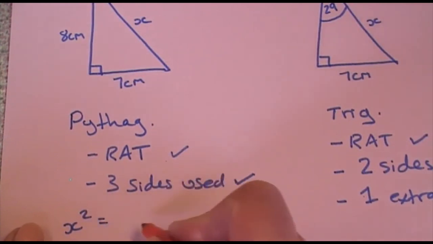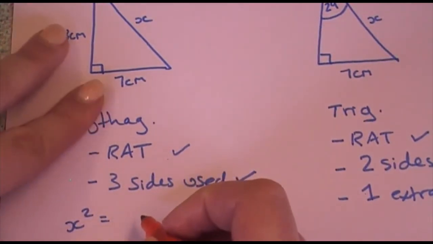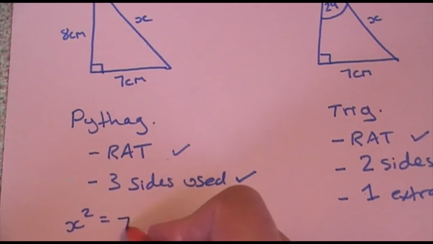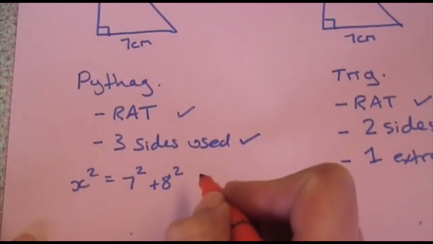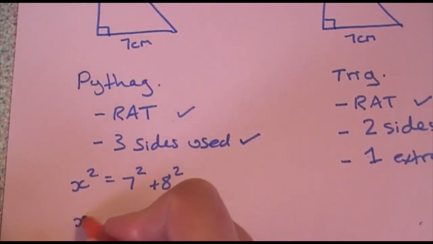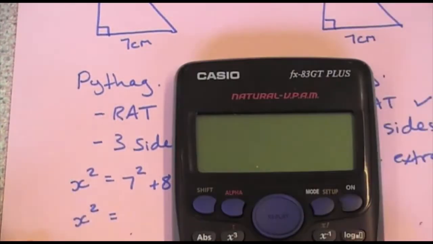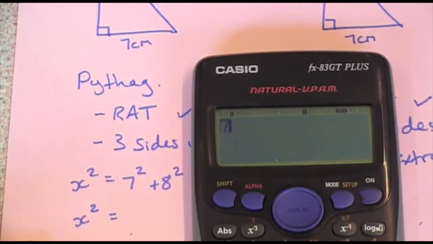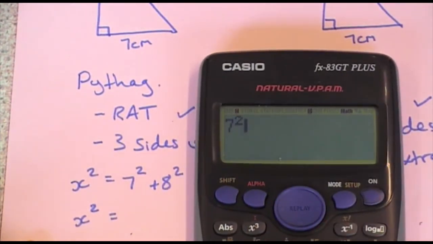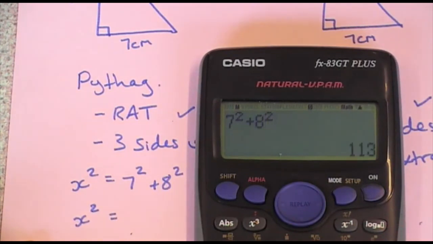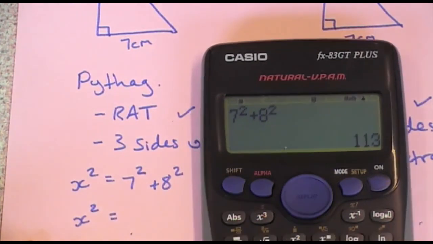So x squared is equal to the 2 shorter sides squared and added together, 7 squared plus 8 squared. In my calculator then, I'll write x squared and I'll put into my calculator 7 squared plus 8 squared equals 113.